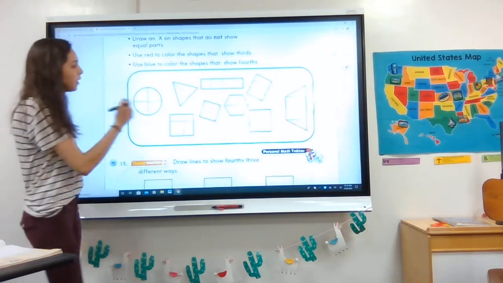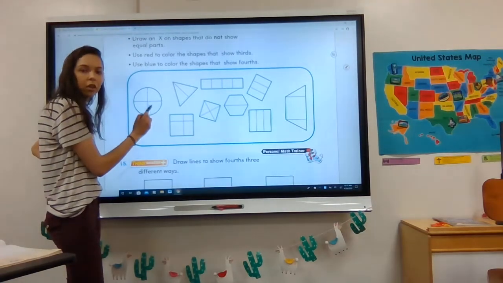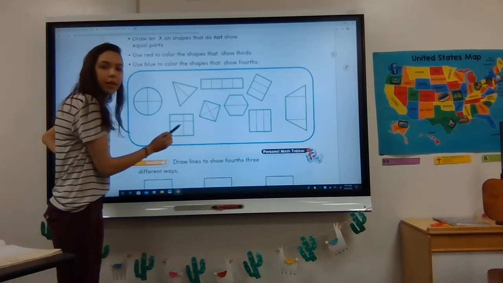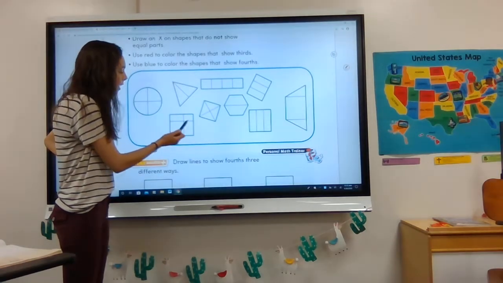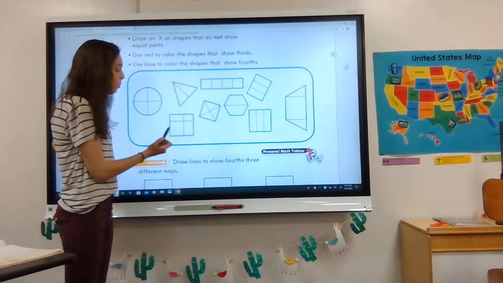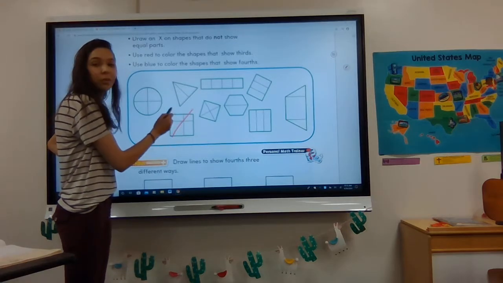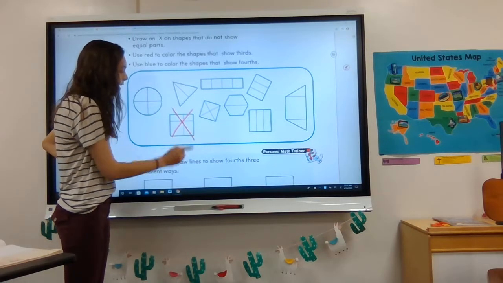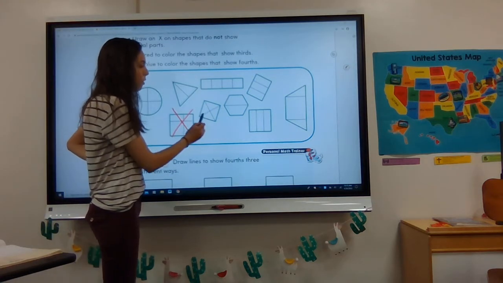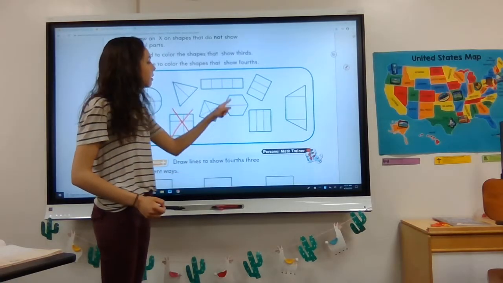So if I'm looking at my shapes, I see that shows equal parts, right? They all look equal. This one looks equal. Now this one right here, they did not split up this square into equal parts. Do you see how these are bigger, those are smaller, right? Those aren't equal. So I'm going to put an X through that shape. Okay. This one, all the parts are equal. Here, all my parts are equal.